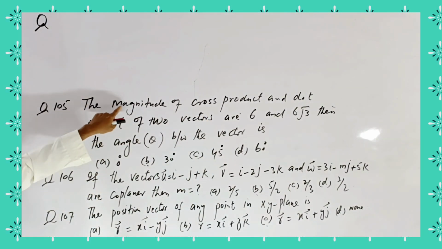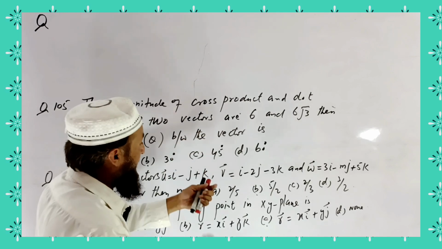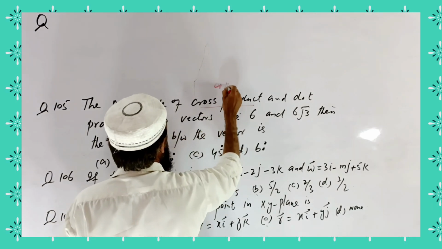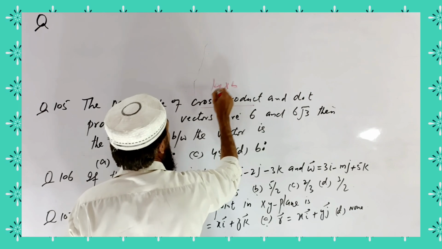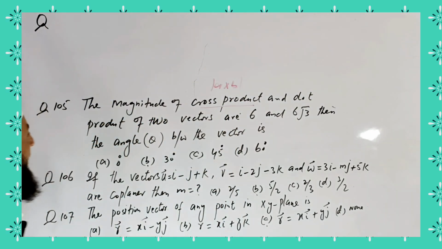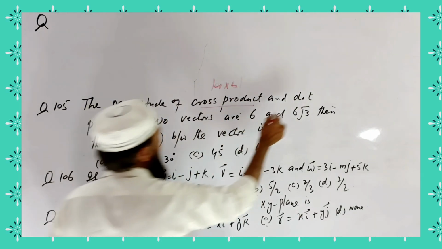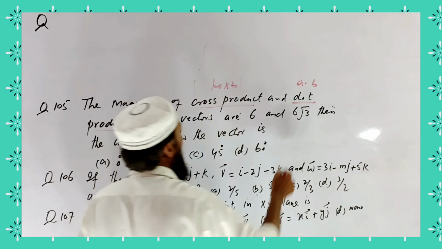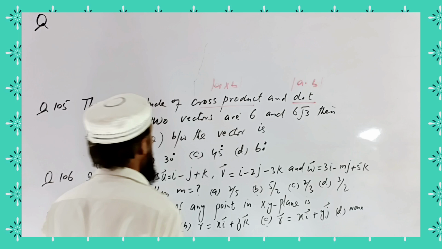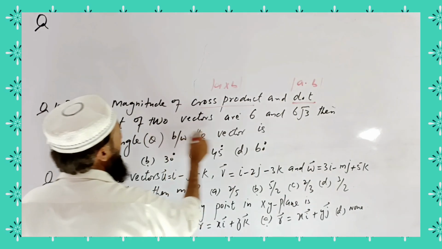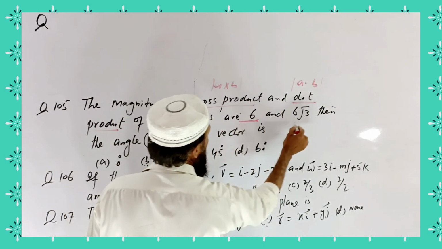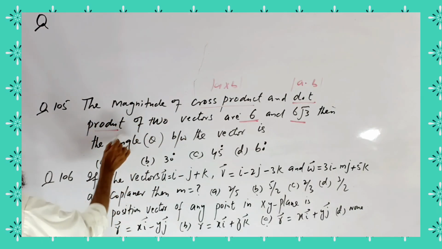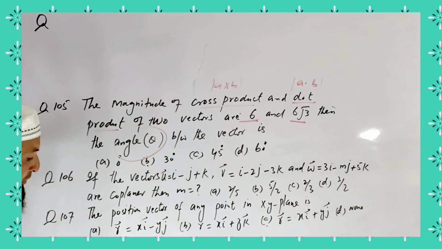Dear student, here the magnitude of the cross product and the dot product are given. A dot B is given and its magnitude is also given. The magnitudes are 6 and 6 root 3. Then the angle theta is required.